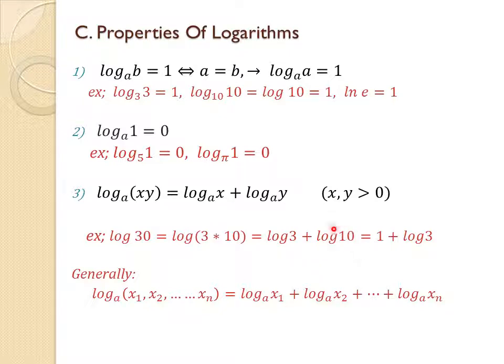And then the value of logarithm 10 for the unwritten base, which is 10, equals 1, plus the other value, logarithm 3. So in general, if I have many values that are multiplied in the argument place, I can just separate them by addition for the same base a.